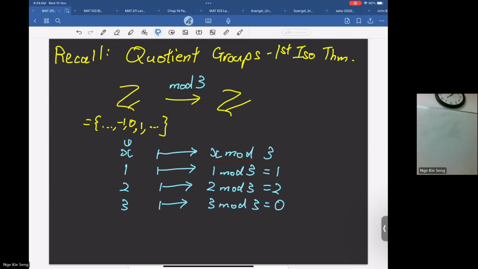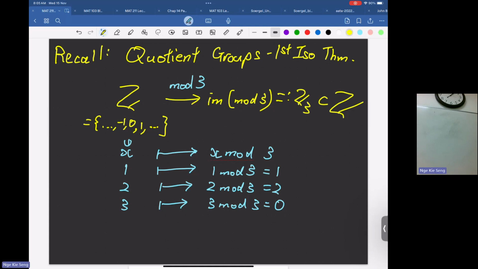But we can always make a non-onto map onto. How? I can just consider the image of the map mod 3. Let's call this image Z3.